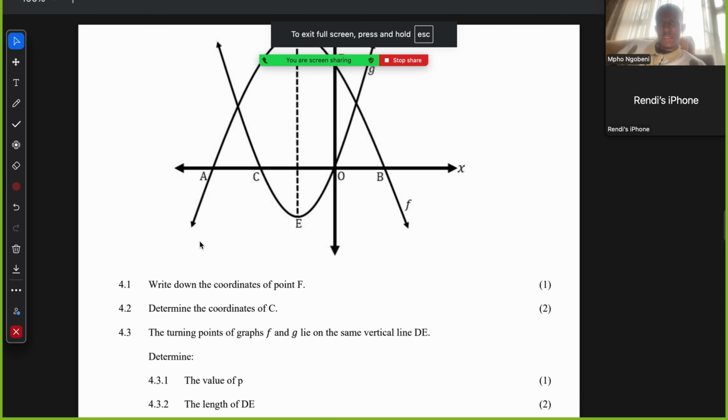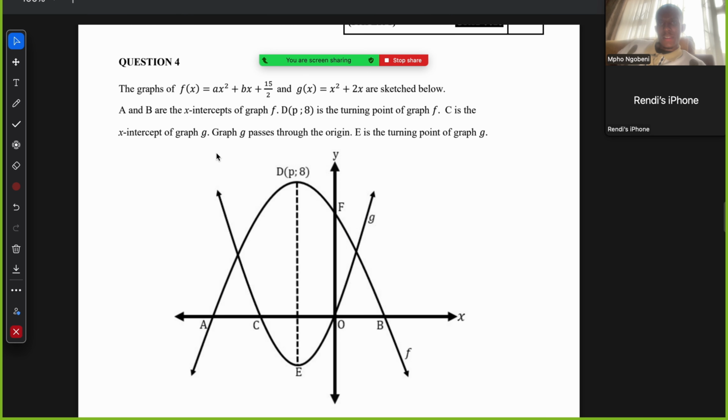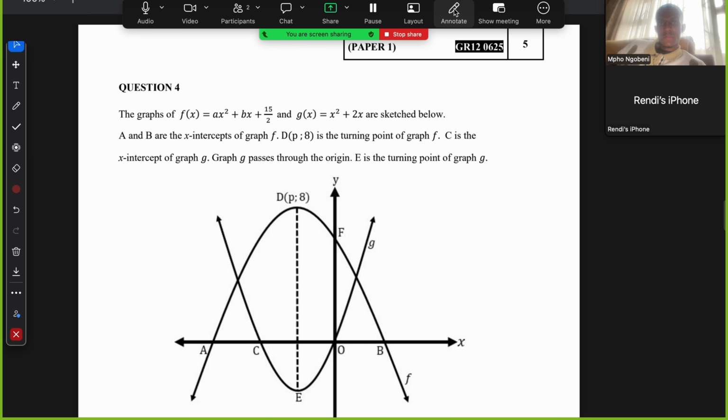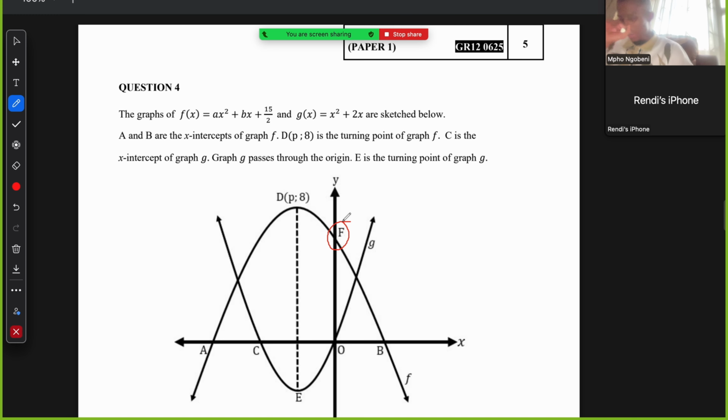So, write down the coordinates of F. Okay, so now they are asking us to write the coordinates of F. What are the coordinates of F? Here we can use the y-intercept because the x is equal to 0.